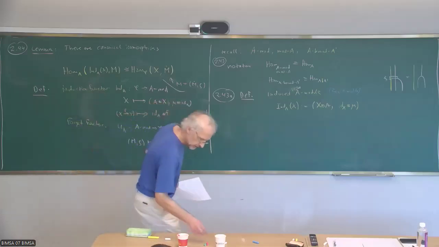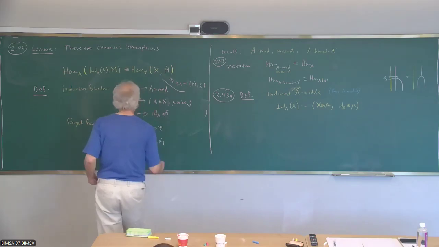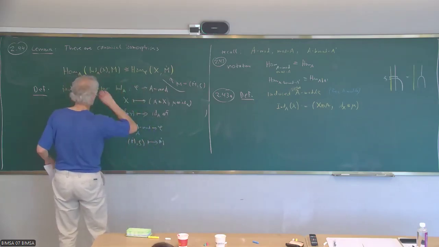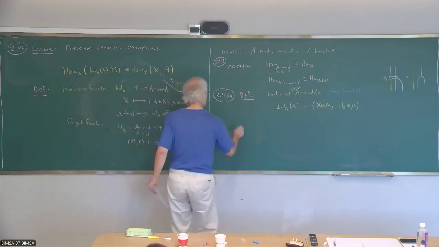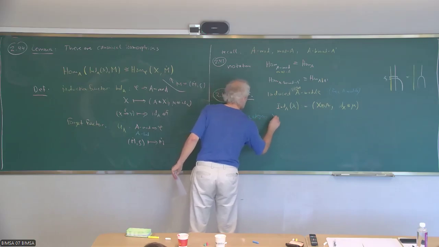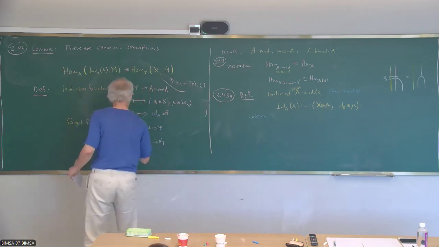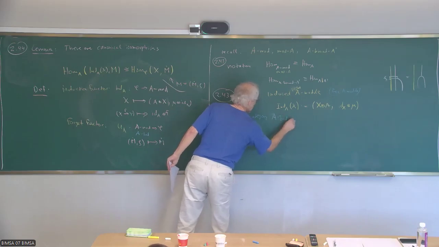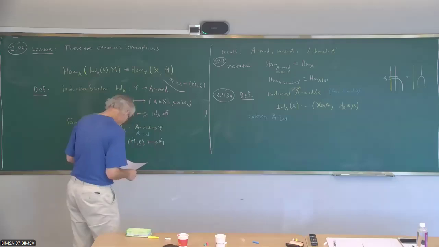And also there are actually two forgetful functors that are relevant. Instead of A-mod, I can also take A-mod_ind, I should call it, the category which has induced modules as objects.